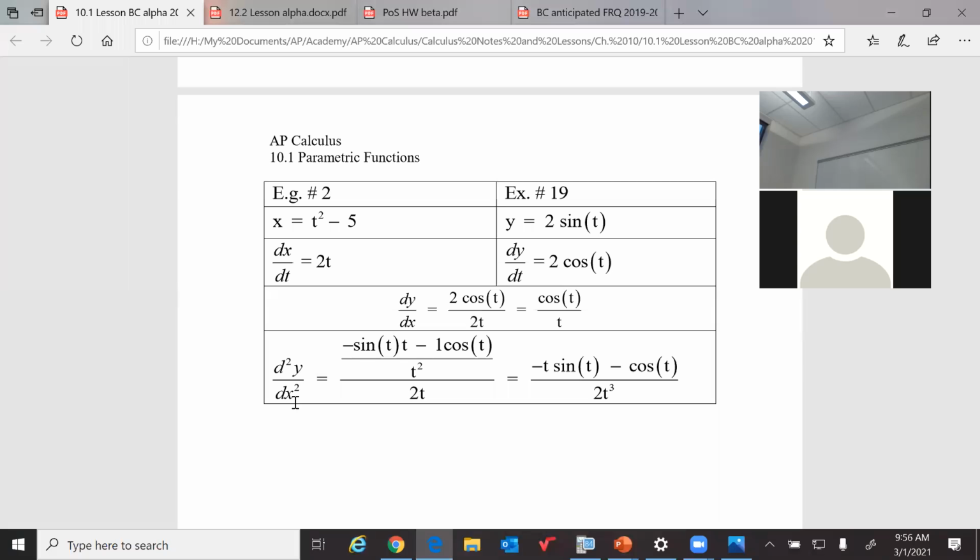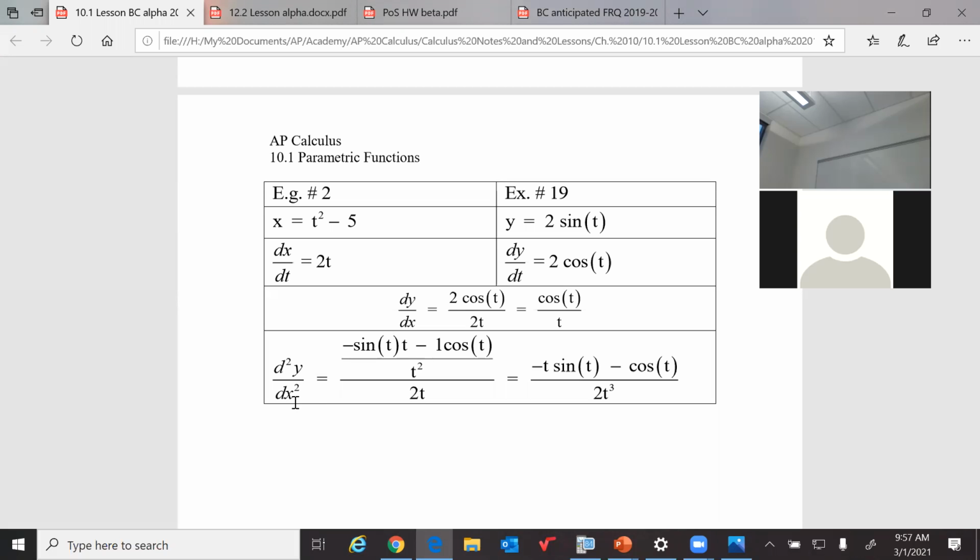For the second derivative, you have to differentiate this, cosine t over t, by using the quotient rule. So that would take you to the derivative of the denominator, which is 1, times the denominator, which is t, times the derivative of the numerator.